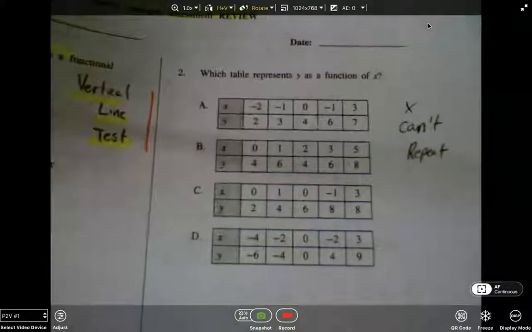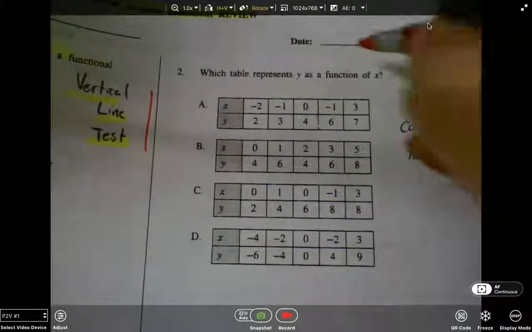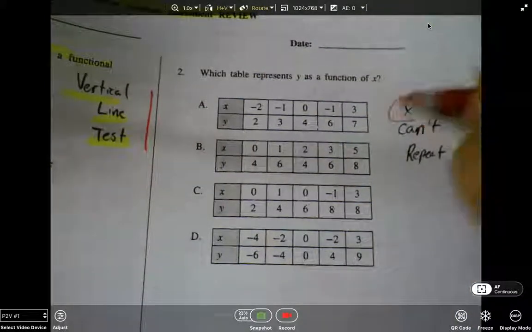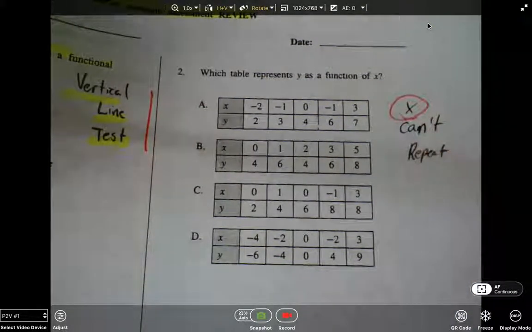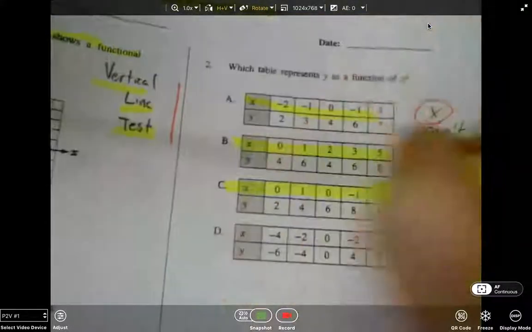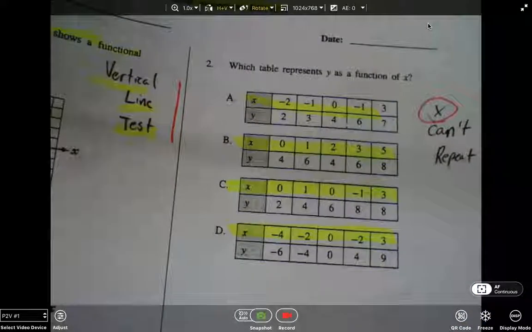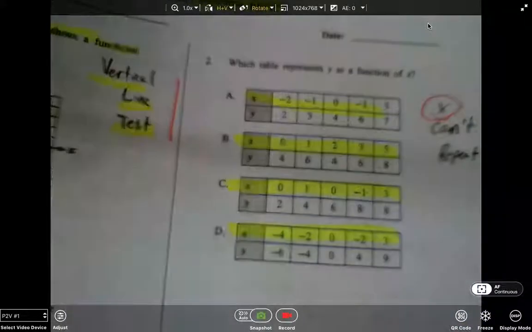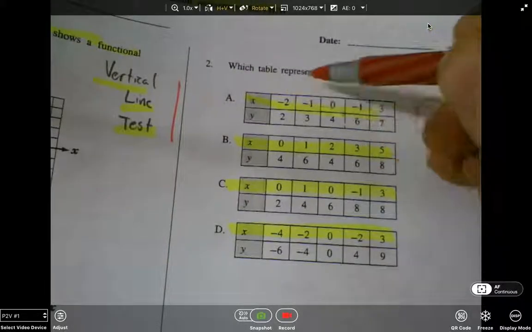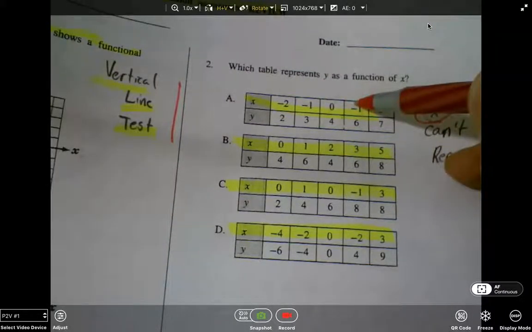Number 2, when it came to coordinates or tables, we learned that in order for a table to represent a function, the x cannot repeat or double. So I'm looking at all these values when I make my decision. In A, the -1s repeat.